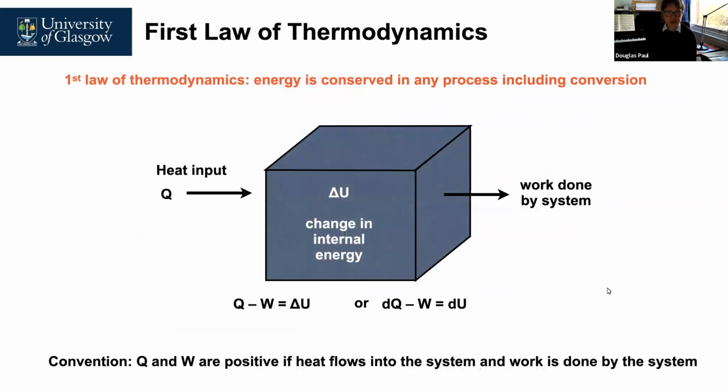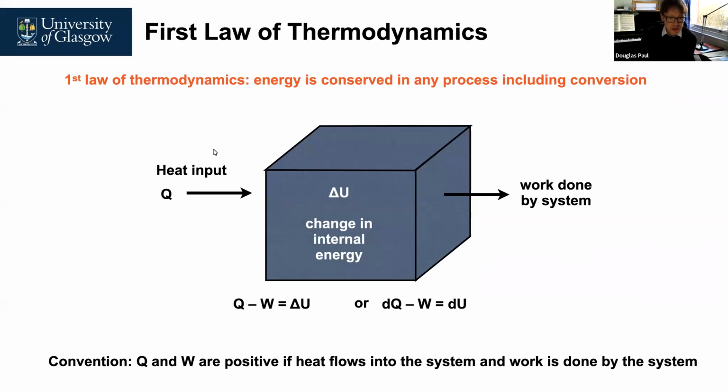So the first law of thermodynamics is that energy is conserved in any process. And that includes where we have the conversion of energy from one form to another. So that might be where we change heat, we do work done, or we have energy going out of the system. And for many of the power stations we're interested in, this could be electricity being produced.